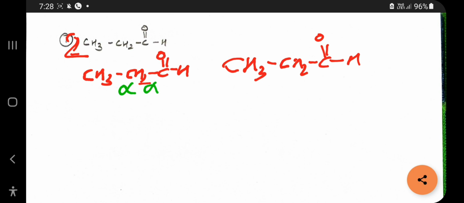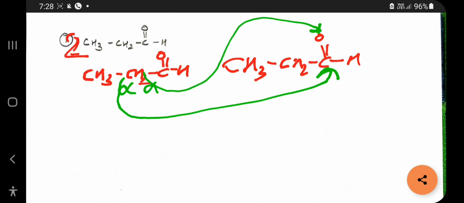This is the alpha hydrogen. The alpha carbon will attach to the carbon of the carbonyl group of the other carbonyl compound, and H will get attached to the O. Okay, what will be the product?